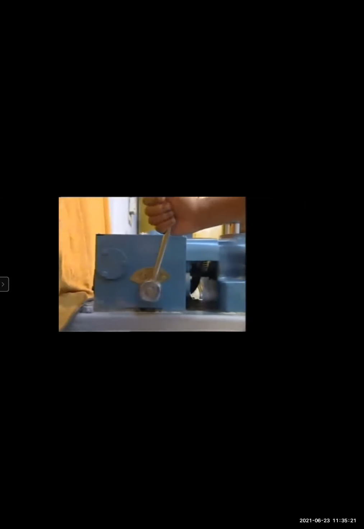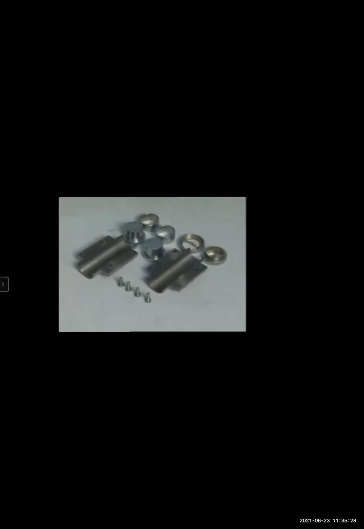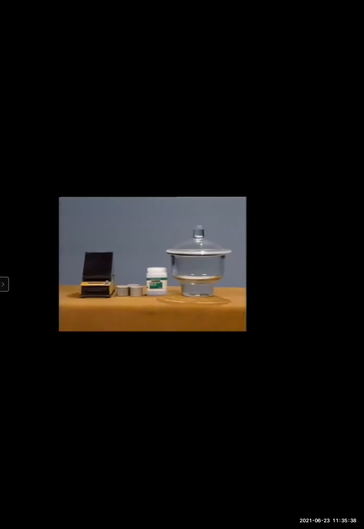This is the locking pin. This is the switch. This is the gear for different types of loading. Some miscellaneous tools are the sampler, container, bowl, stopwatch, soil sample, and water content determination apparatus.